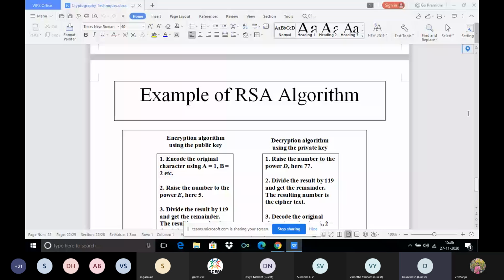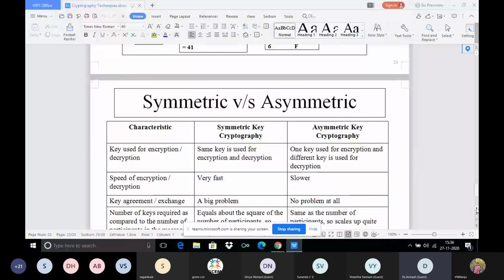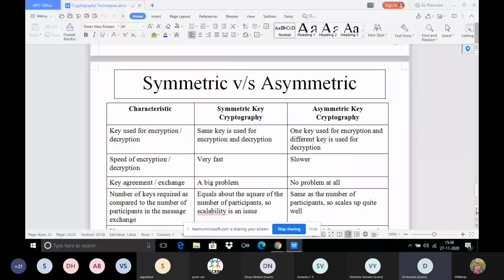So next we discuss the comparison, which is the final part of this slide. That is how symmetric cryptography techniques are different from asymmetric cryptography techniques. That is, what is the main difference between the two techniques, symmetric and asymmetric cryptographic technique.